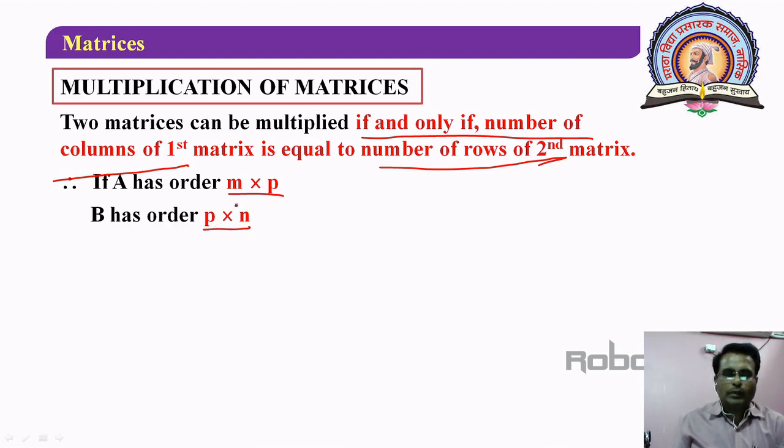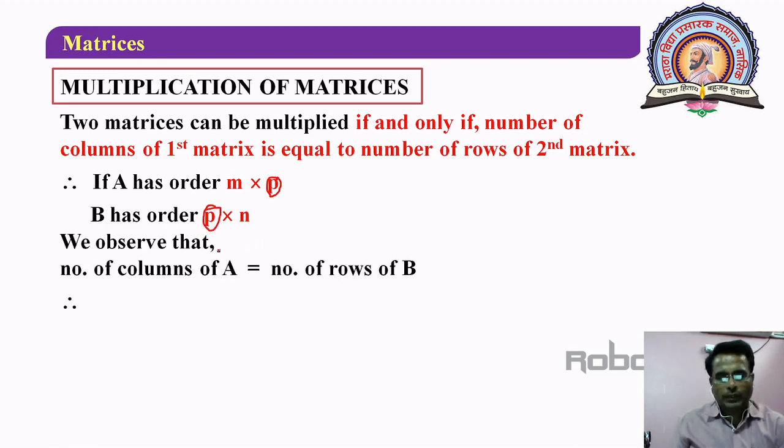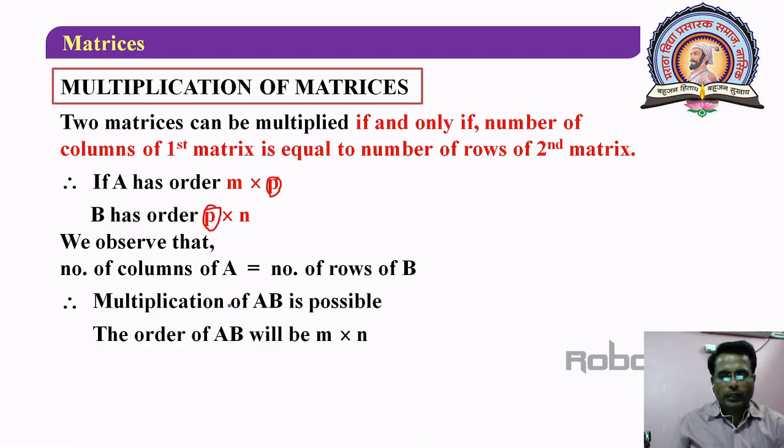Then only the product is defined, and the resultant matrix is of order m by n. So here the number of columns in the first matrix is equal to the number of rows in the second, that's why the product AB is defined and the multiplication is possible, and AB will be of order m by n. These two values give us the order of the resultant matrix.